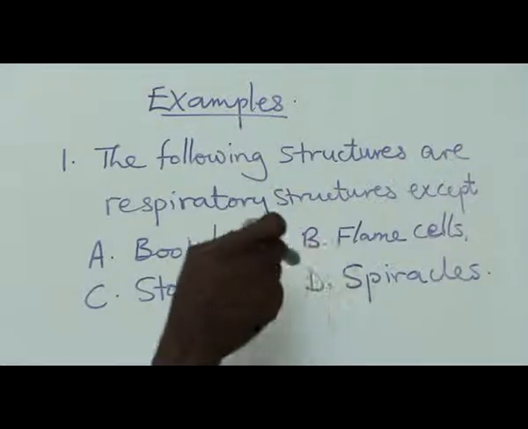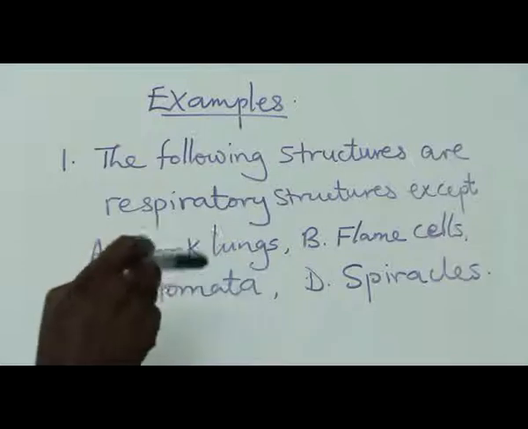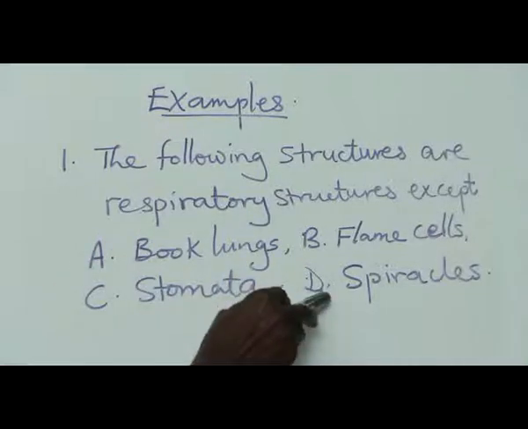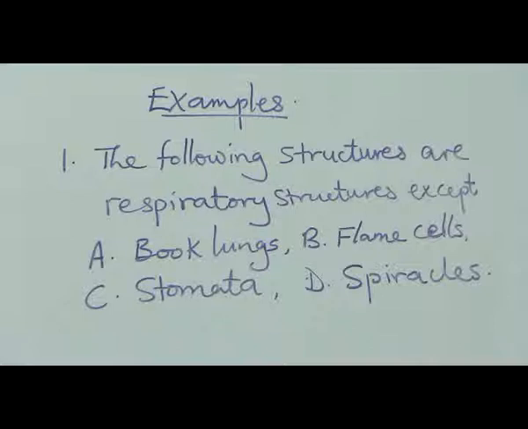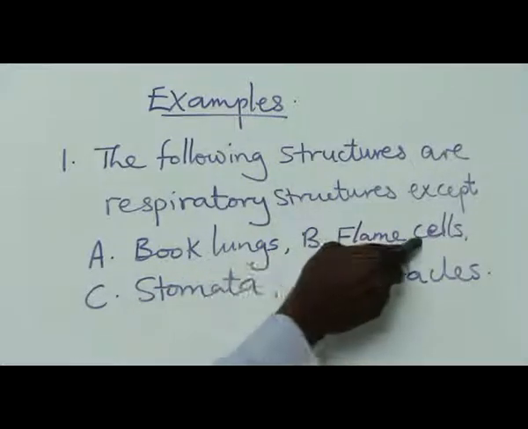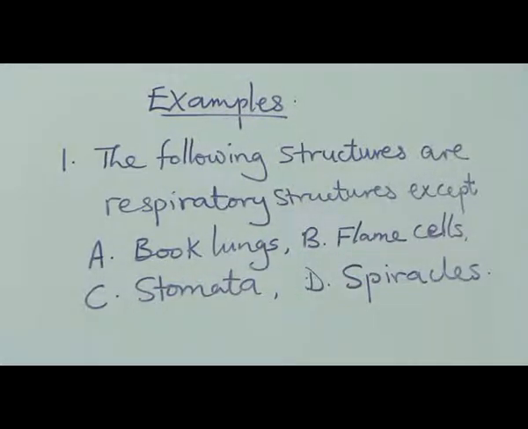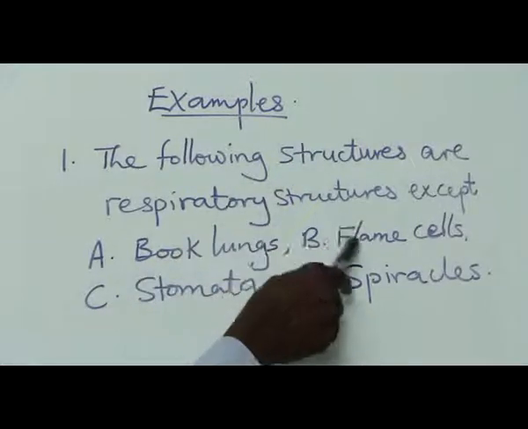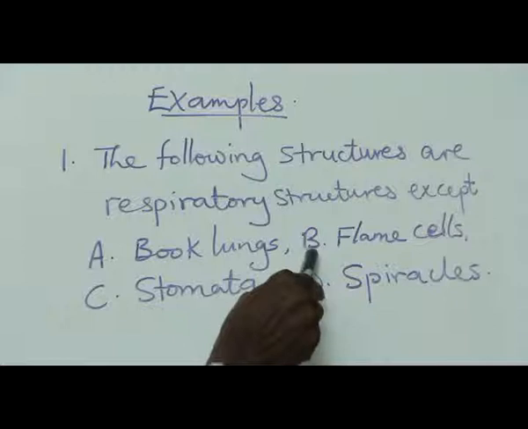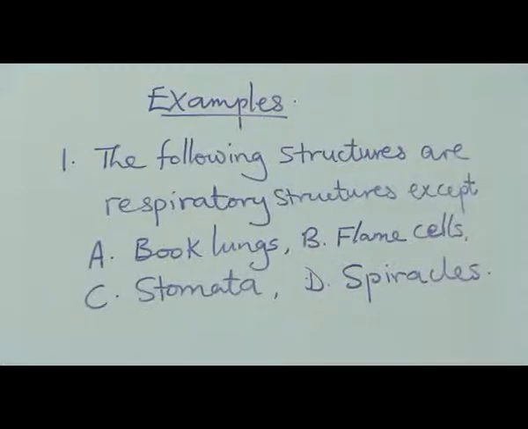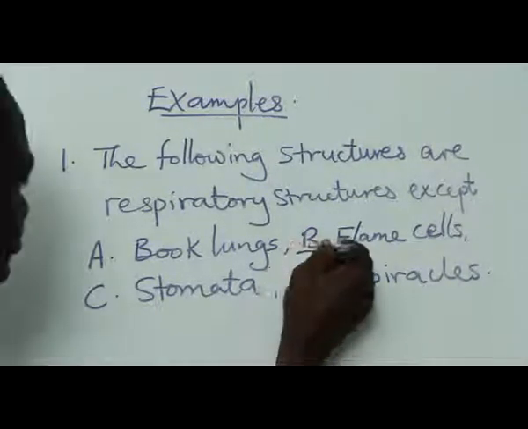Spiracles are also pores found in the body of insects and some other animals like millipede. But flame cells are not for respiration. They are excretory structures in flatworms like tapeworm. So the exception here is only flame cells, which is B. So B is the answer.